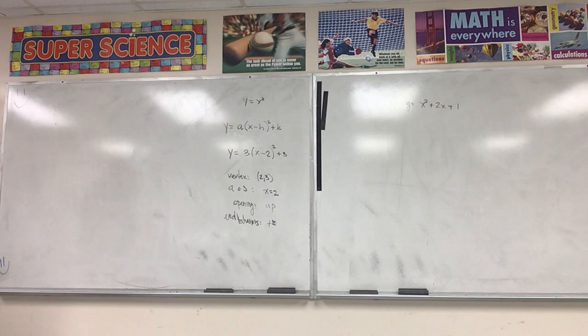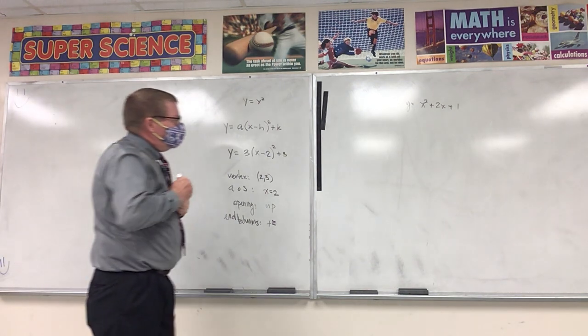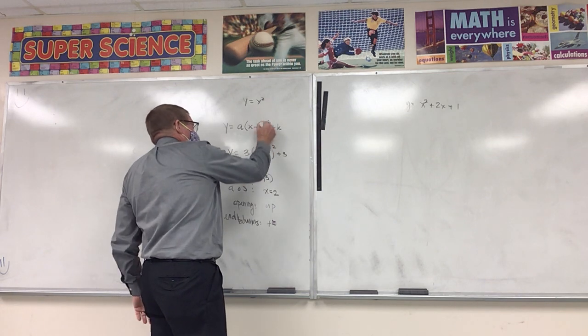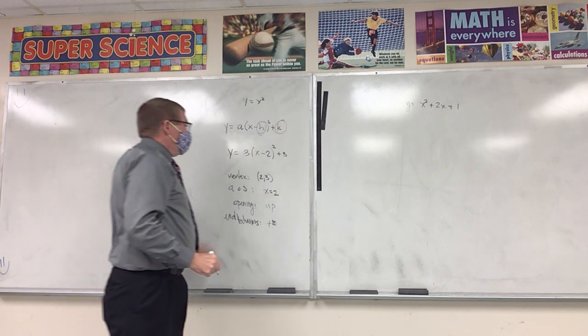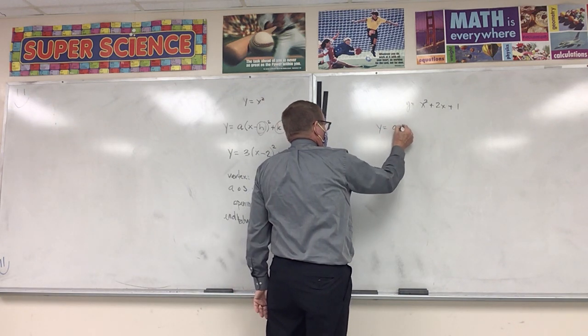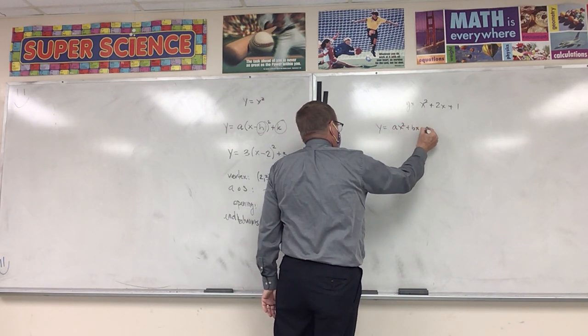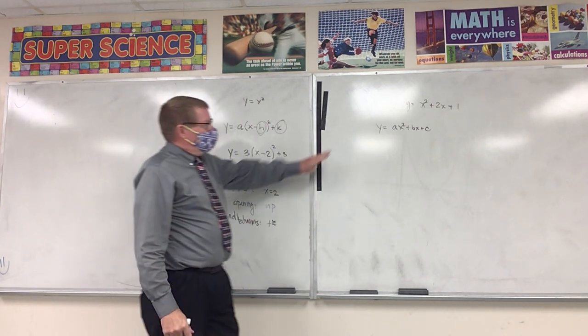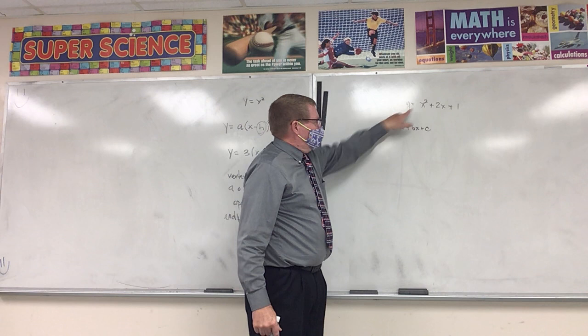All right. There's another method that we can use, because I want to get it in this form, so I need to know what h is and what k is. My a is always the same, because y equals a x squared plus b x plus c is my standard form. What is my a? 1.